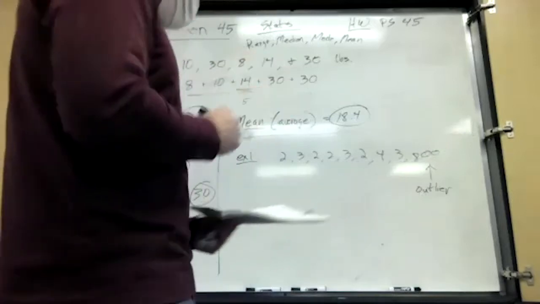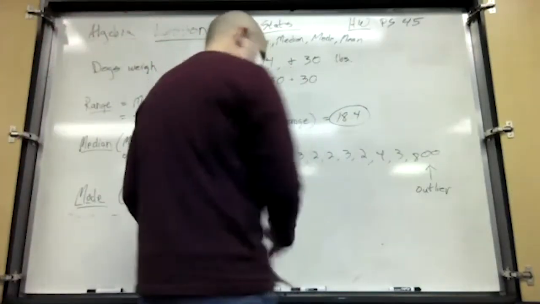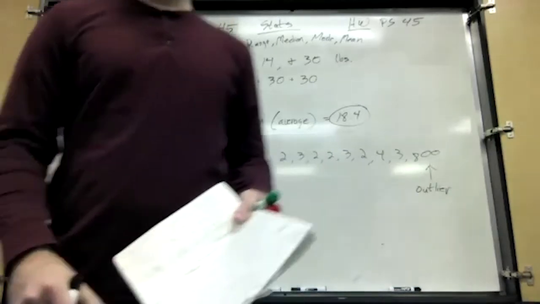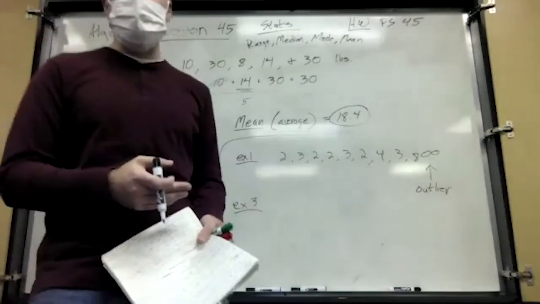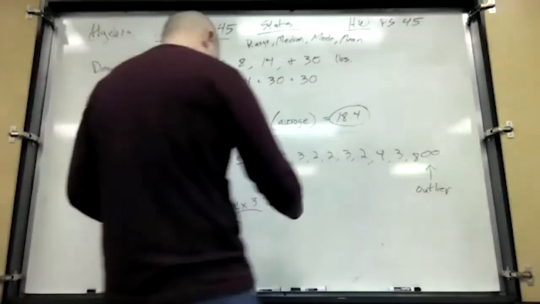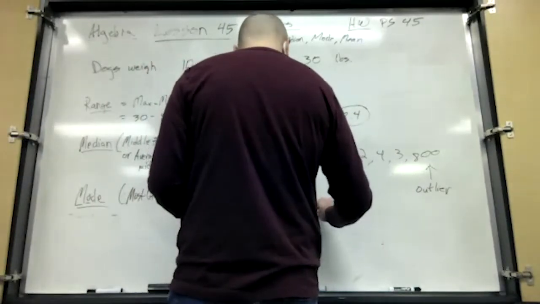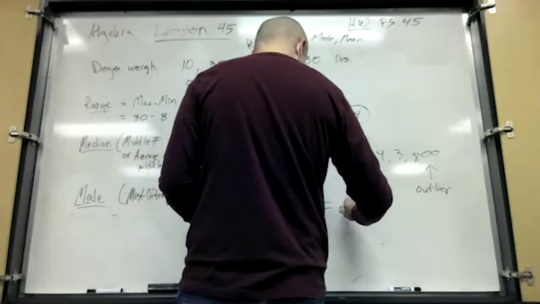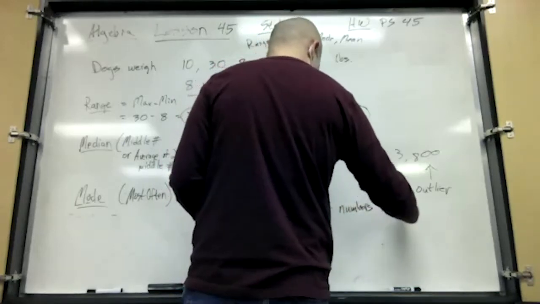So one more example. This is example 3. This is the other kind of thing that you're going to run into. This is a little bit of backwards thinking, but that's what algebra is, right? Algebra is backwards thinking. So let's look at the mean. Let's say the mean of 5 numbers is 10.